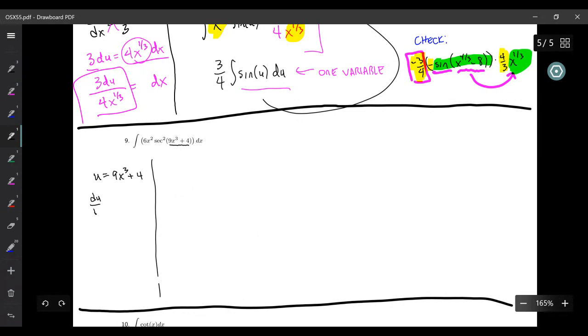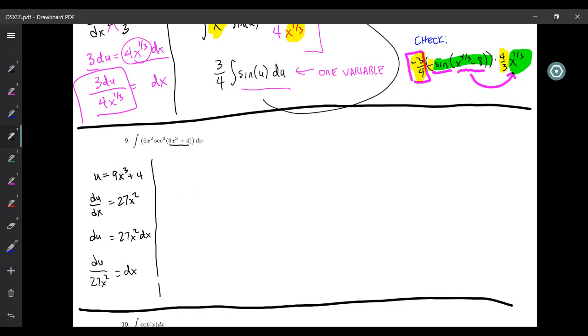Take the derivative, 27x squared, and then you cross multiply: du equals 27x squared dx. And then you divide by the 27x squared to get your dx.